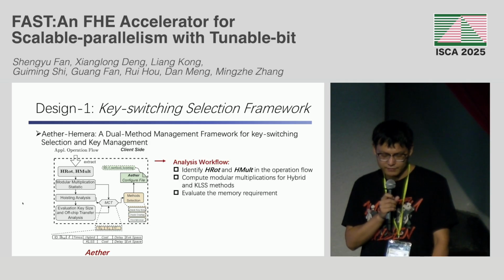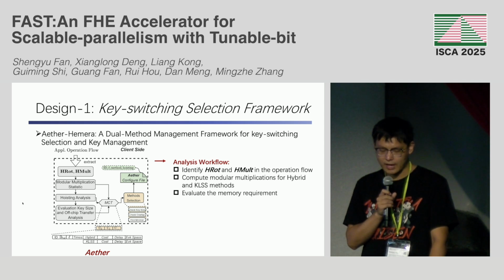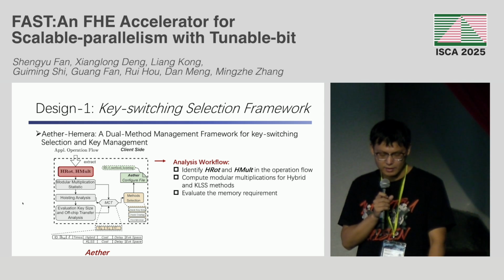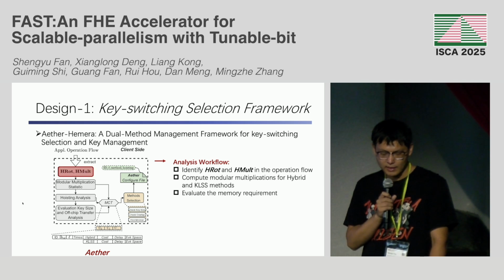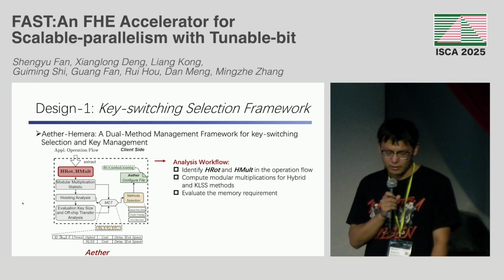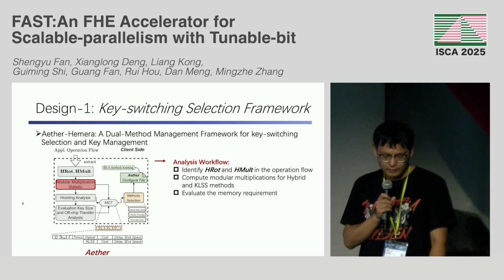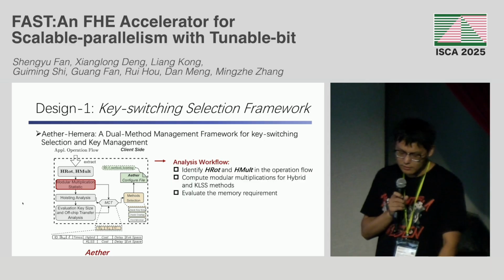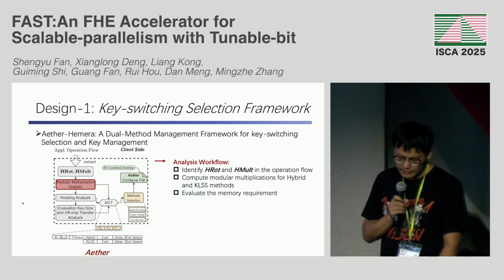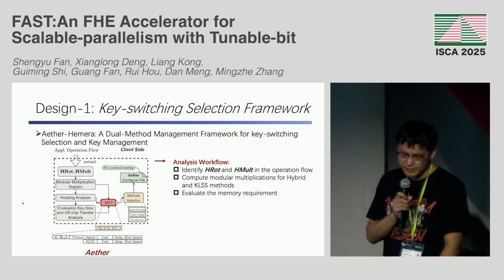During the analysis phase, Ether scans all HRot and HMult operations in the application's execution flow. Ether estimates the number of modular multiplications required, and then analyzes whether hoisting is used and evaluates the memory requirements. Finally, it stores this information in a structure called the MCT.